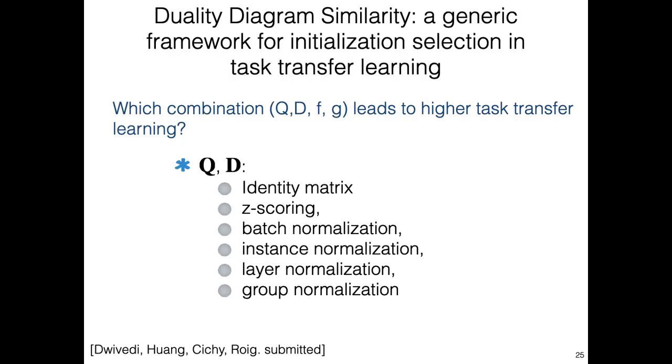What we do is explore how we pose Q and D as particular instances: identity matrix, Z scoring, batch normalization, instance normalization, layer normalization, group normalization. With identity we will have the CKA and the RSA for particular cases of F and G. I don't have the derivations here, we have them in the paper, which we will upload very soon.